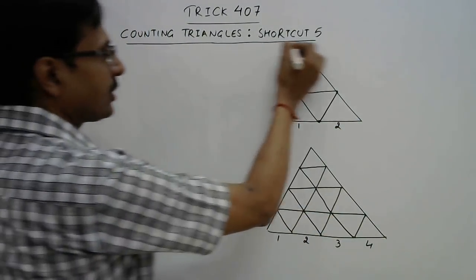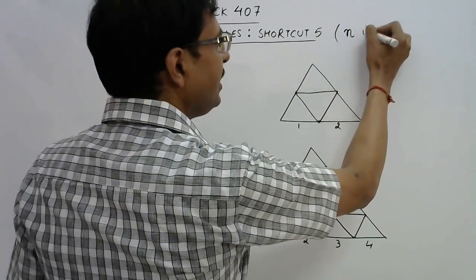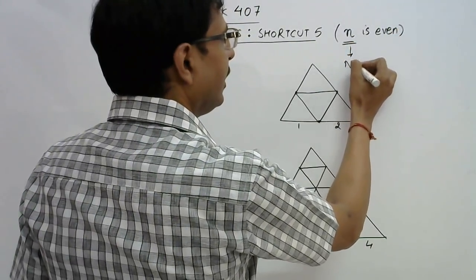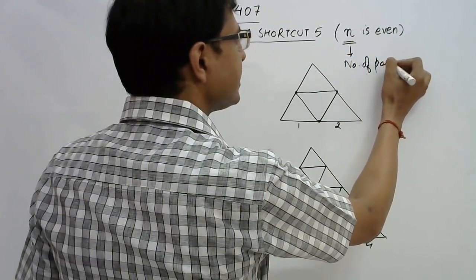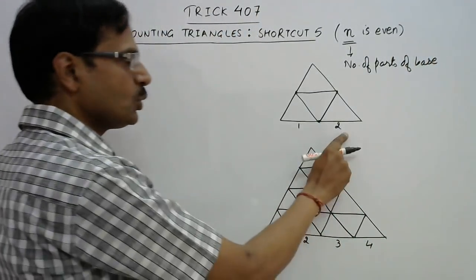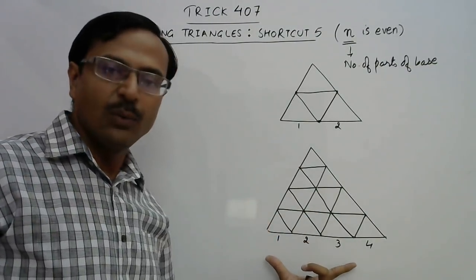So I am taking up this shortcut to tell you a method through which you can count the number of triangles in this figure without counting the triangles, and this is for an even number of parts of the base. So this shortcut 5 is when n is even. Now what is n? n is the number of parts of the base. So n is even, n is 2 in this case, and n is 4 in this case.